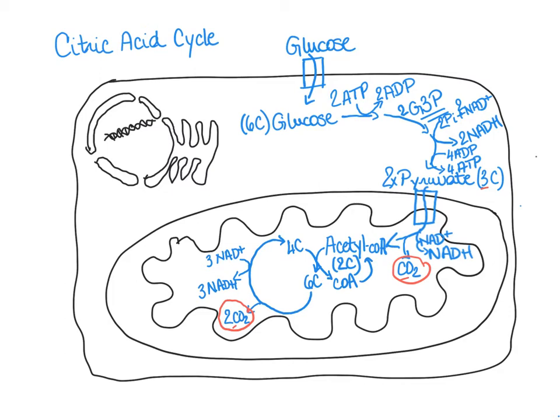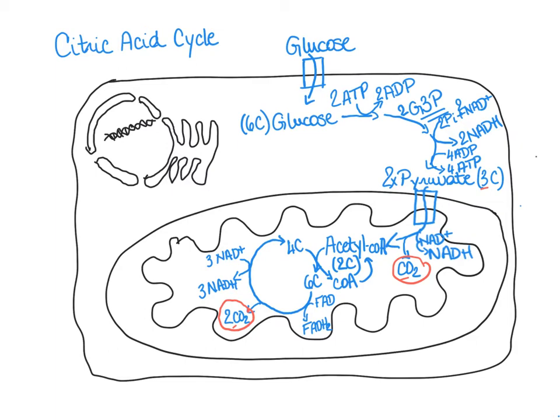And then just because it's different, there's another electron carrier called FAD that's used in the mitochondrion, and when it is reduced, it becomes FADH2. No matter what, these electron carriers will be carrying their electrons to the next step of cellular respiration.